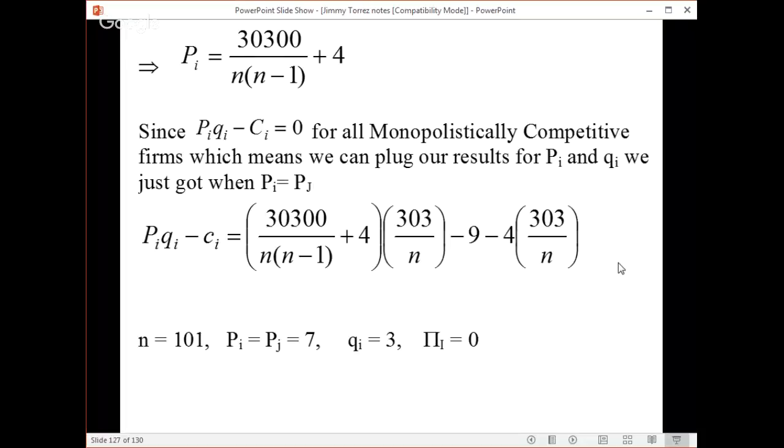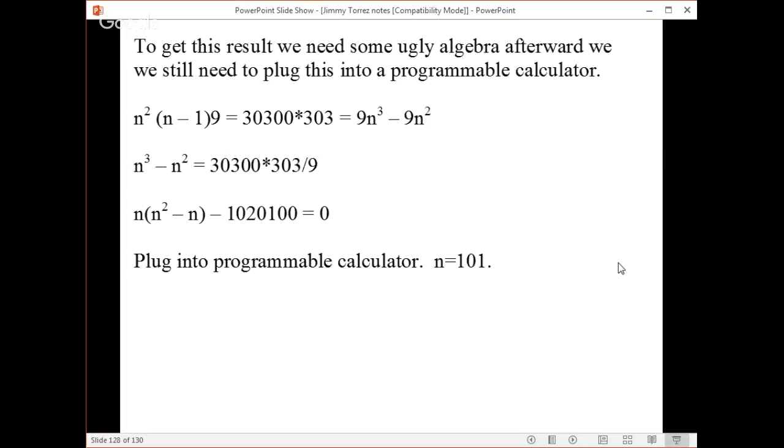PI, QI equals 3, and of course profit by assumption was equal to 0, so 0. Okay. And this is what I tried to do, just letting you know what I tried and why I couldn't get it to work. So I put it in software. Okay.